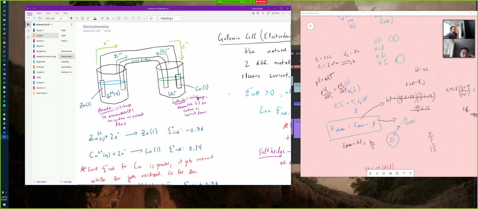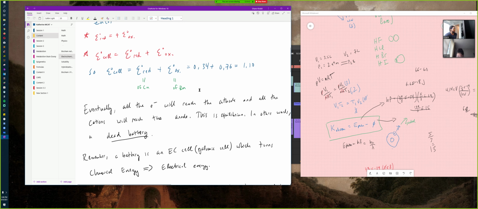And the cathode accumulates negative charge as it gains electrons. So this reaches a point where, essentially, the battery is dead. There's no more current going between the two.